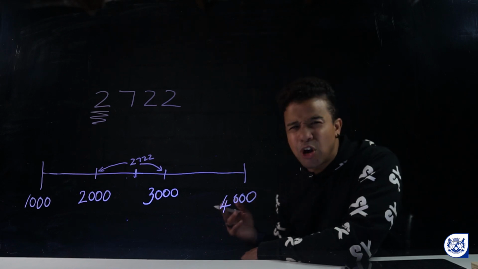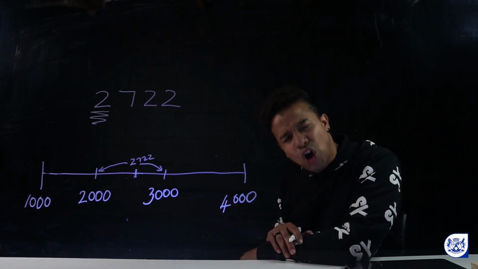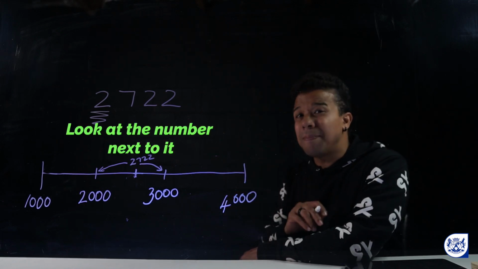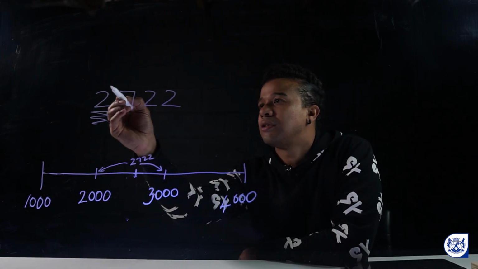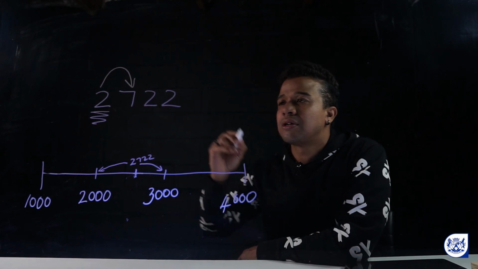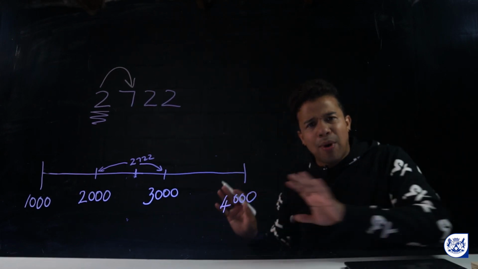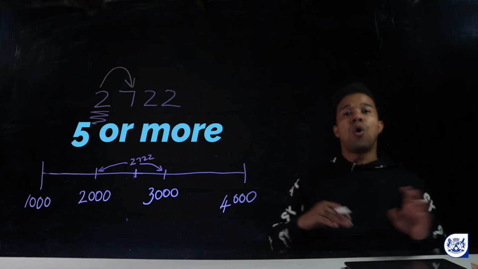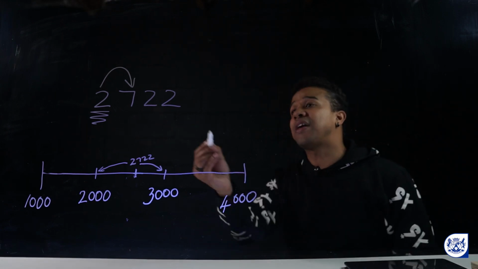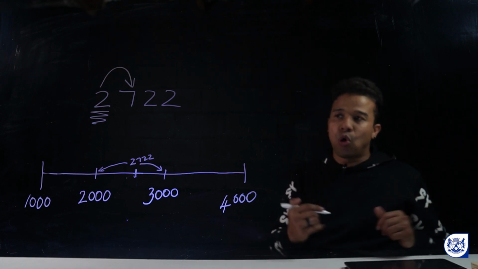Next up, and we know it by now, right? We got it. We have to look at which number is next to the number we are focusing on. And next to it we have the number 7. And now we have to check, is this number 5 or more or 4 or less? And we know that 7 is in the 5 or more category.